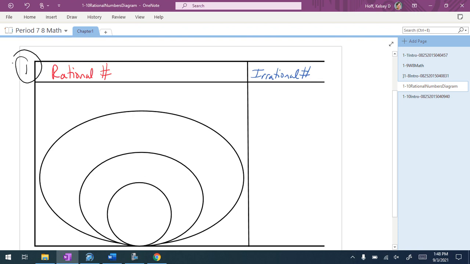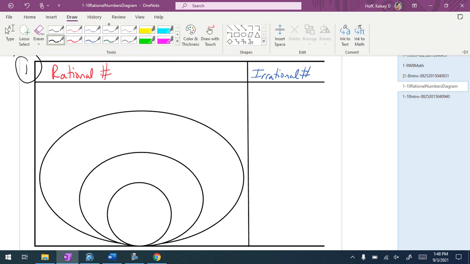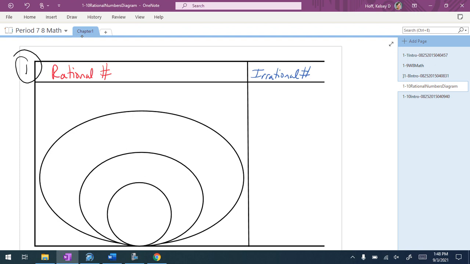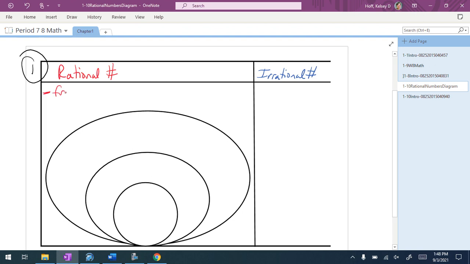We actually already talked about rational numbers. There's three different things that make a number rational. It could be a fraction. It could be a terminating decimal.